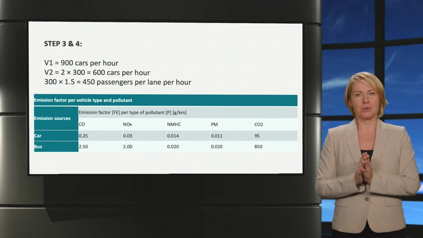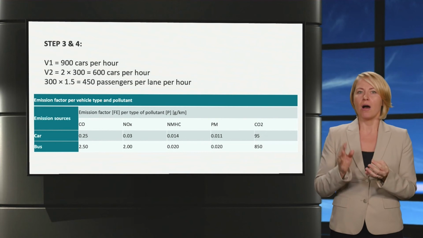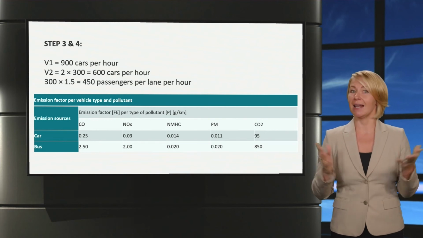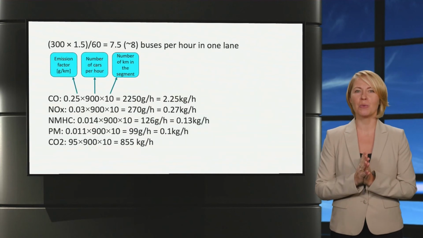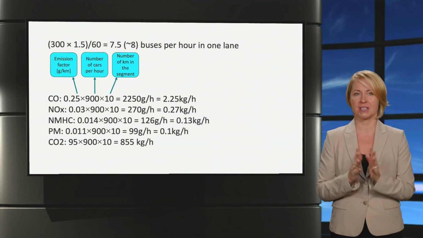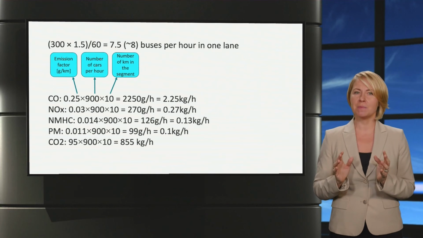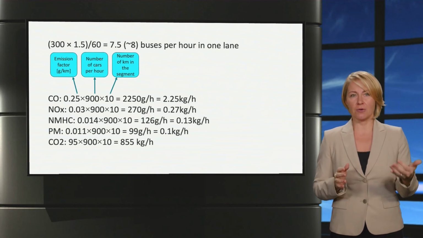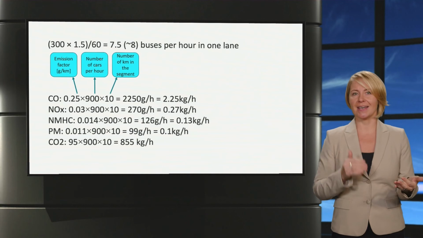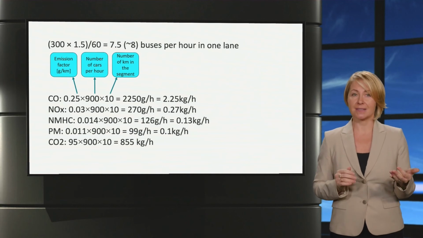As per the table provided to us, we will focus now on 5 pollutants. Let's get to it. Knowing we have 450 passengers traveling in the future bus lane, we can now determine how many buses they'll need. We divide 450 by 60 and again arrive at 8 buses.